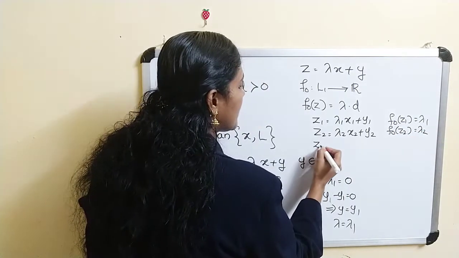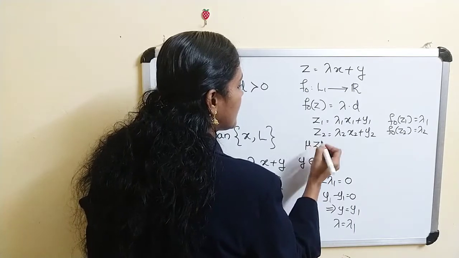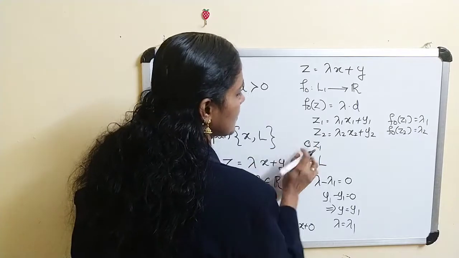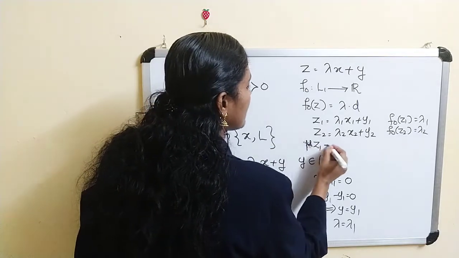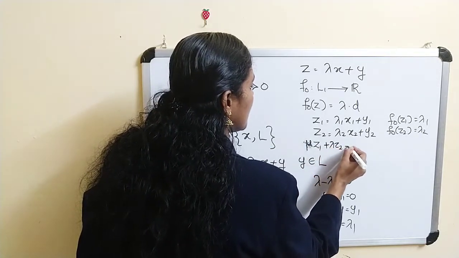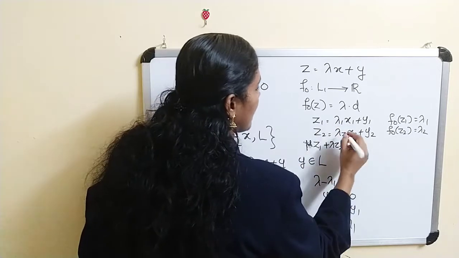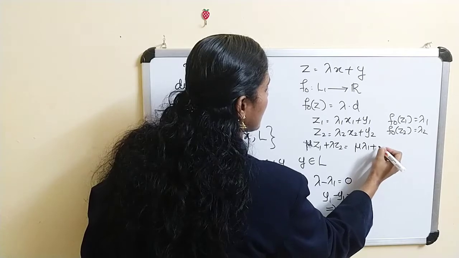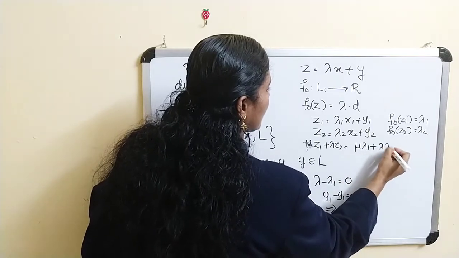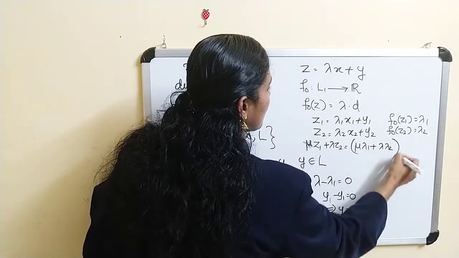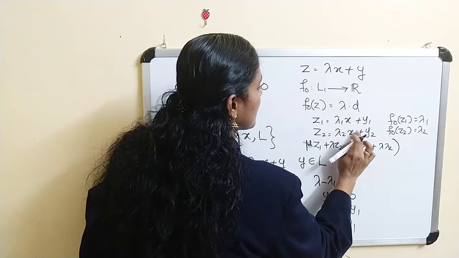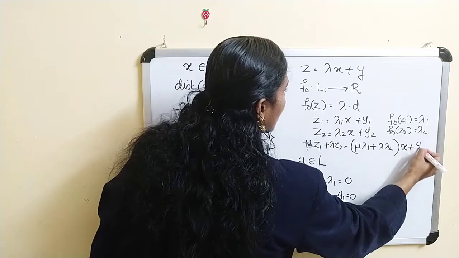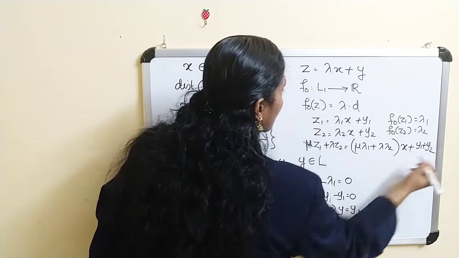Now consider mu z1 plus lambda z2. I am skipping the steps; this is mu lambda 1 plus lambda 2, sorry, this is x actually, x plus mu y1 plus lambda y2.